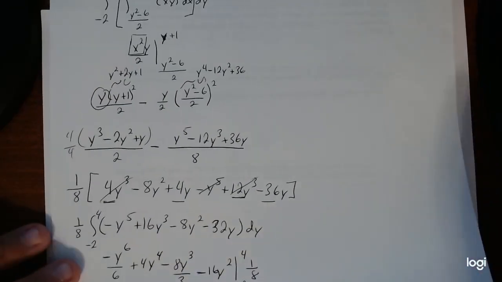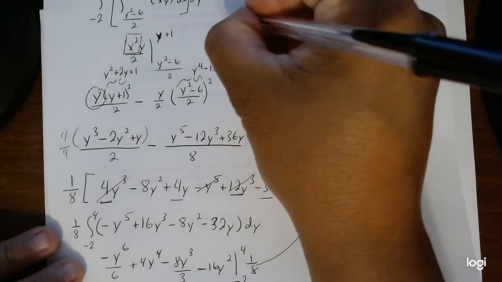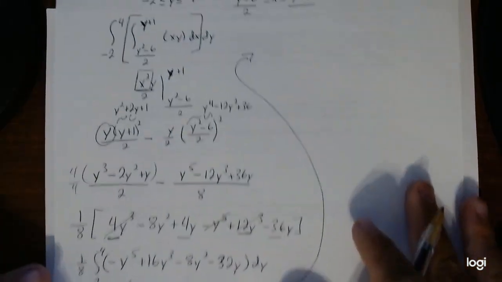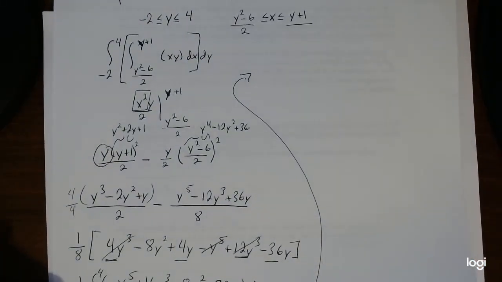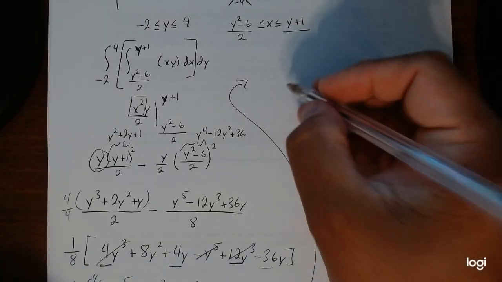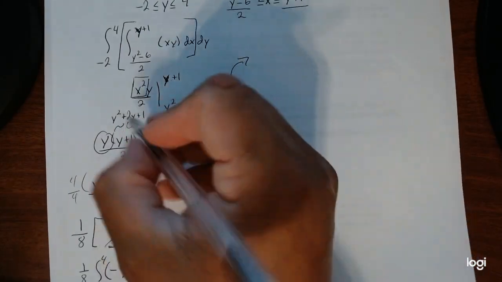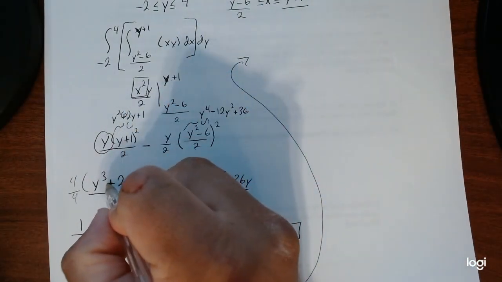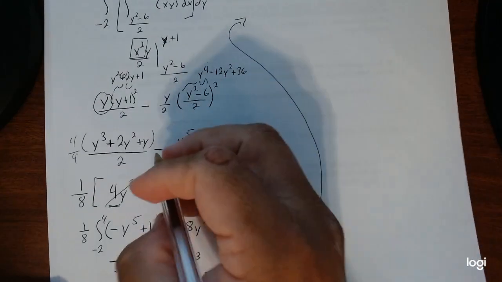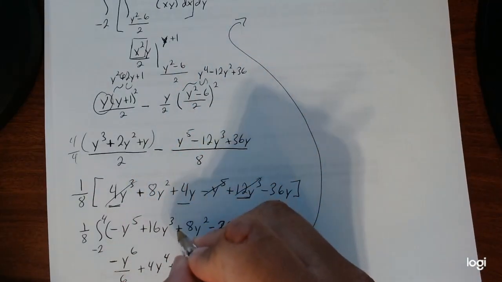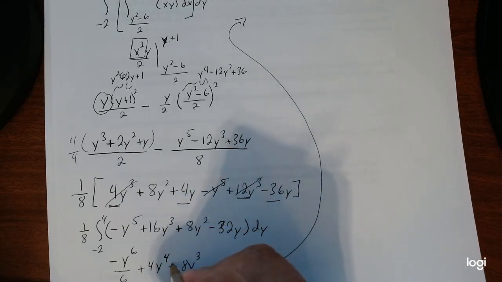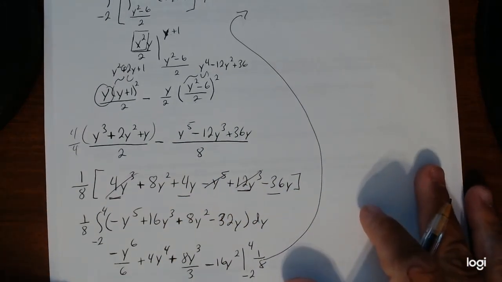So now once you plug in 4 and -2, so this is what we get. Oh, just realized, this is a plus, so I have to change this to pluses, this to a plus, this to a plus, and then this to a plus. There we go. That changes it a lot.